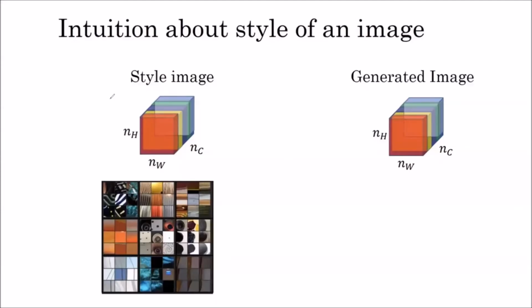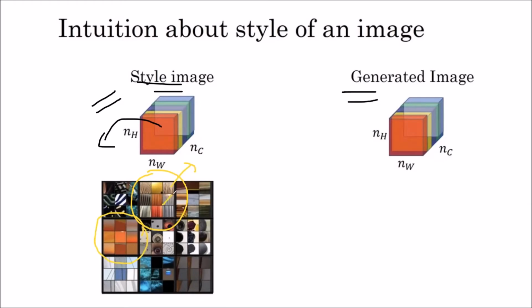For example, this is the style image and this is the generated image. We have discussed already 3 images: the content image and the style image, which we use in order to create a generated image. The first layer information is represented by this, and the second layer information is represented by this.